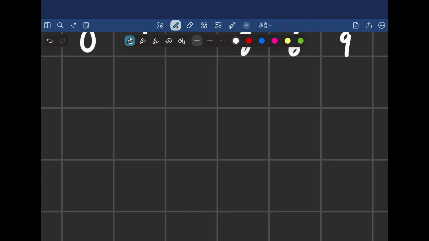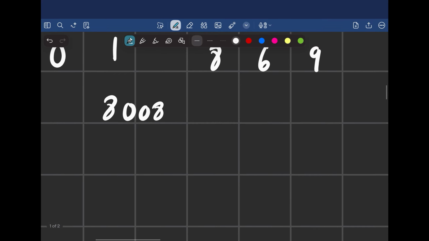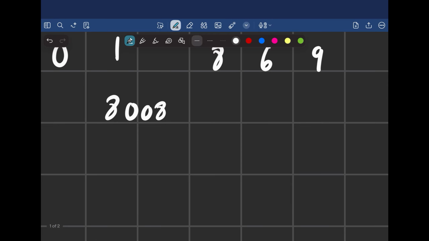So if I were to write 808, or like I said, 101, writing these and flipping them, and going ahead and rotating it, it will be the same number.